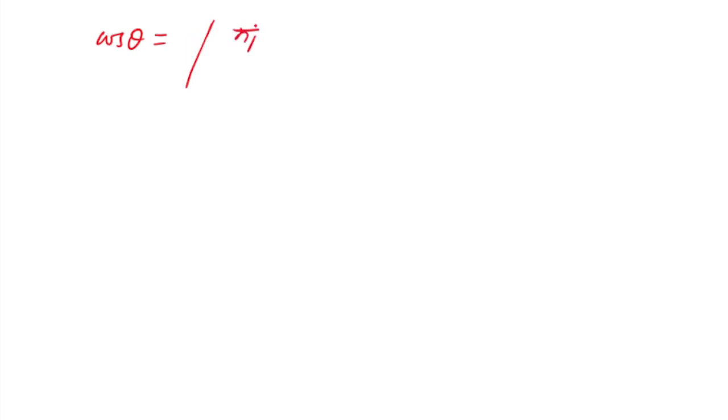So |n1 dot n2| divided by magnitude of n1 into magnitude of n2. I hope you agree to this, and I take the mod of this because if we get a negative value, then we take the modulus, because that will give us the acute angle.